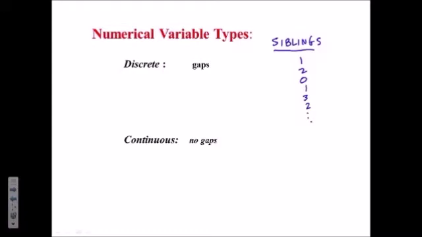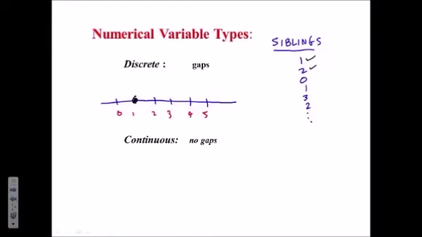This is numerical data. Now, if I put these numbers on a number line, and let's see, I'll just put a dot here to represent this first score of 1.